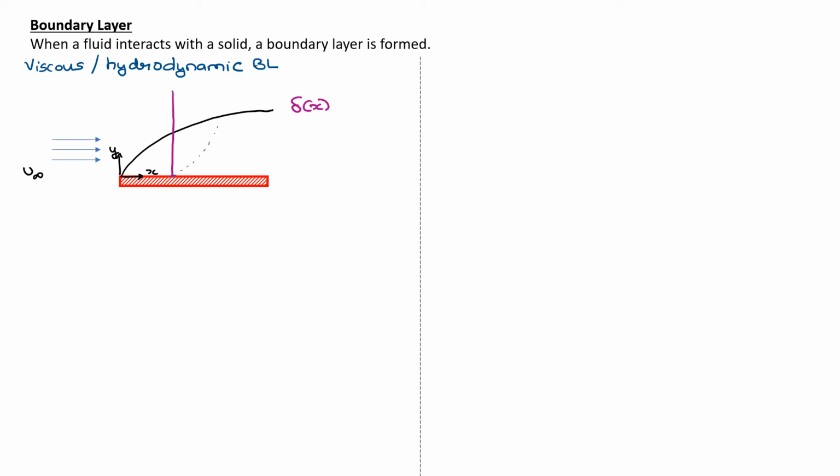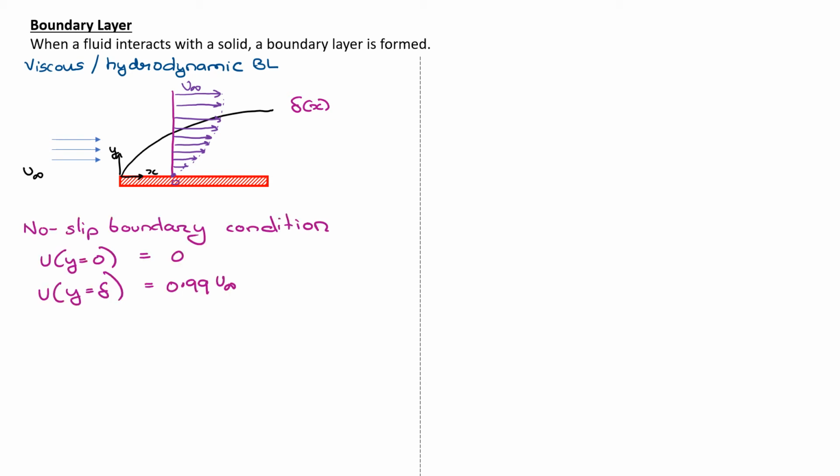Just outside the boundary layer, your velocity will be u infinity, and at the surface it will be zero. As you move away from the surface, your velocity will gradually increase, and that's how your velocity profile will look.